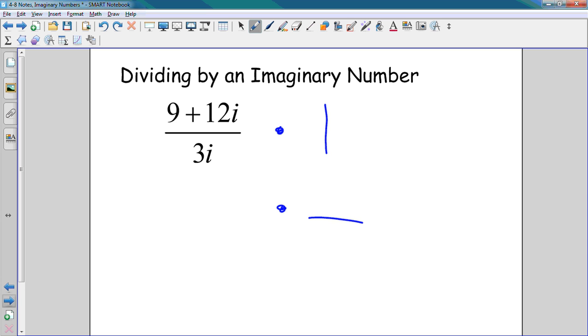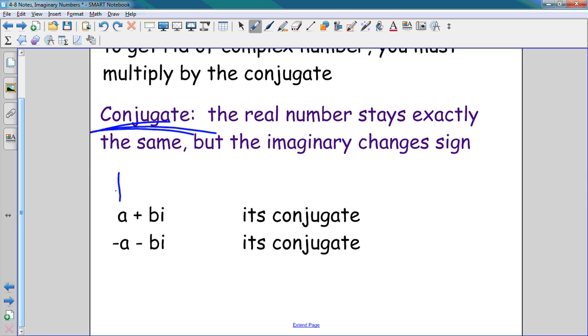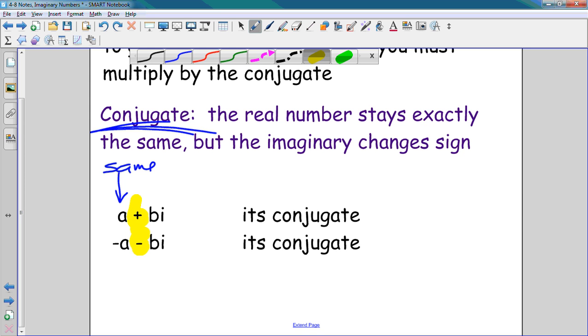Now, i over i. How do I know what I want to use? Well, you're going to divide by what's called the conjugate. What in the world is a conjugate? They take a fancy word and make it something that's actually really easy. When you find a conjugate, the real number stays the same. The only thing that changes is the positive or negative sign in the middle.